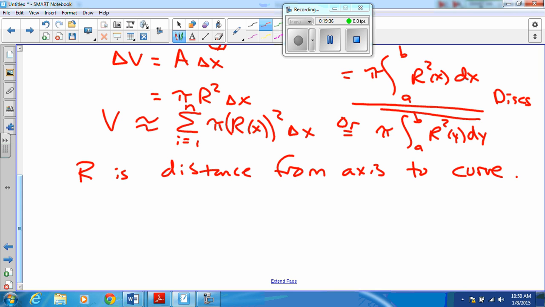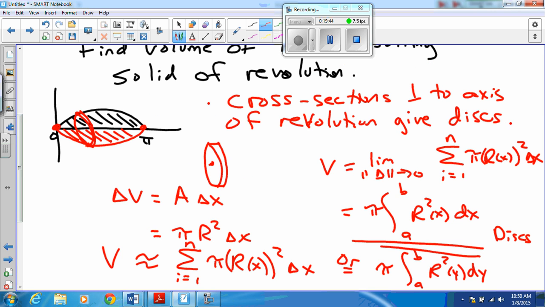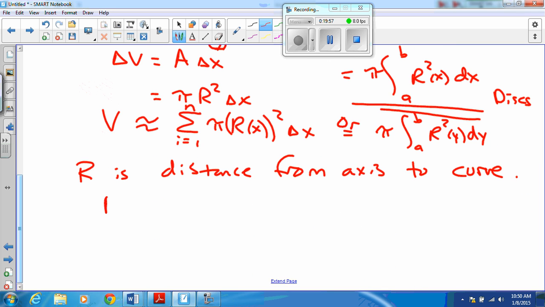That's it. It has to be, because the bounding curve goes around the axis, which means that the axis defines the radius. Well, that means I just need to go to the axis, which is y equals 0 right here, and I need to go to the curve, and I need to find that distance, and we do distance by subtraction.